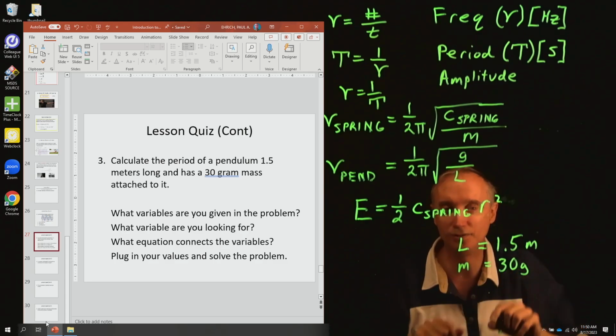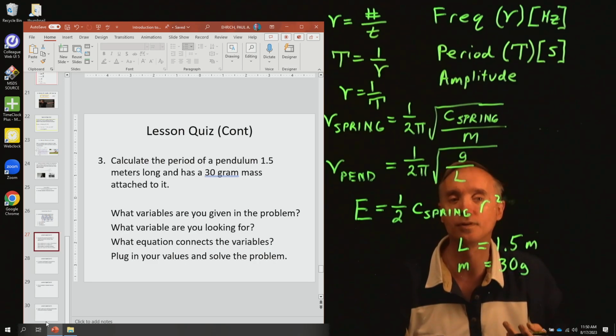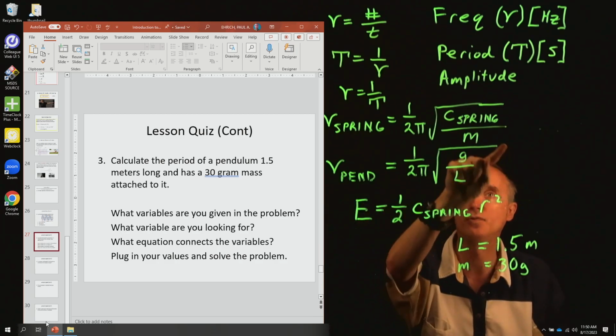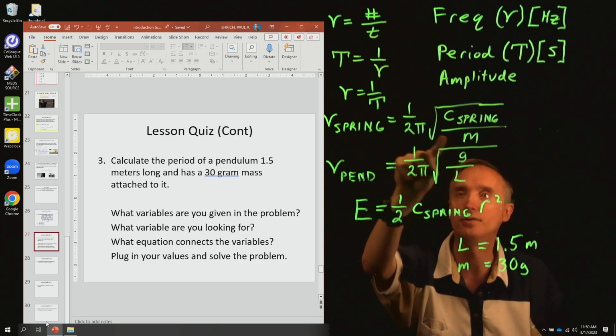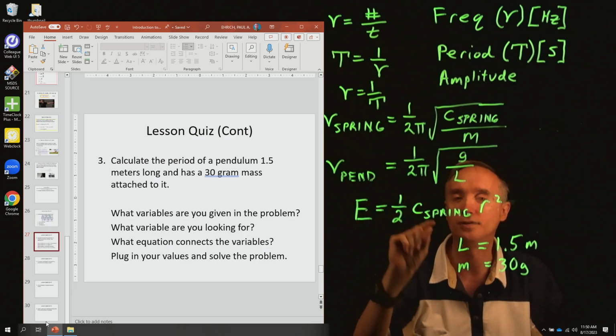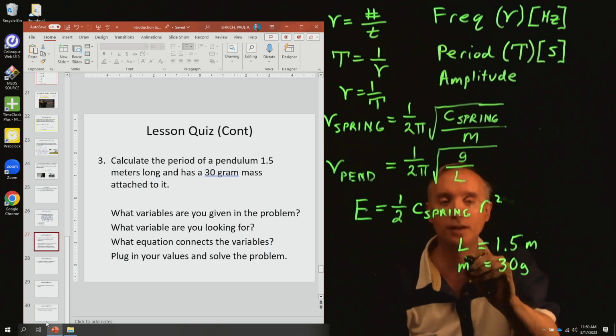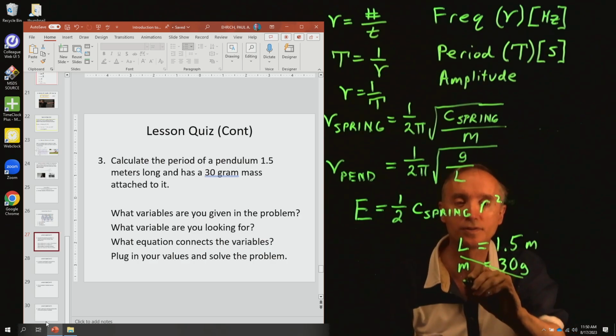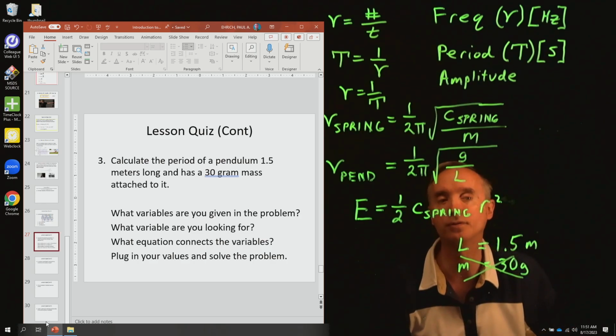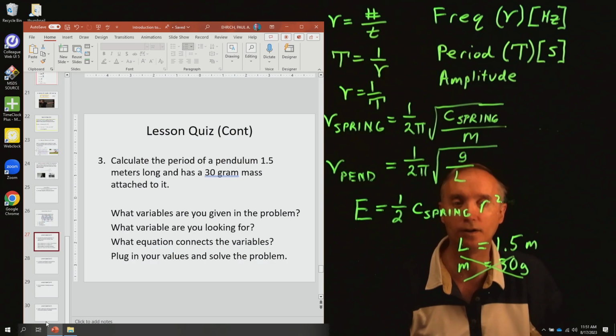But we really don't need to do that, because what is the device? The device is a pendulum. So we're going to be using this formula, and notice that the formula doesn't depend on M. So that means we don't even need to write this down if we don't want to. It's not part of the question.